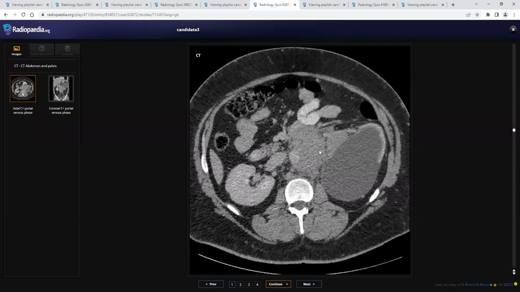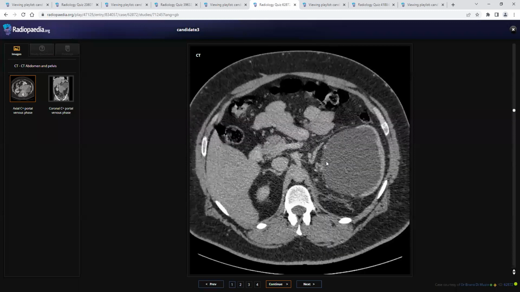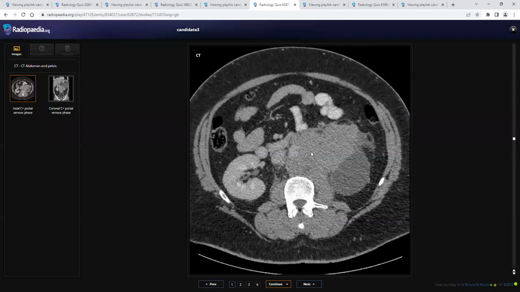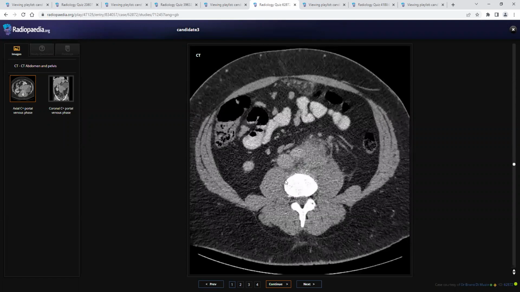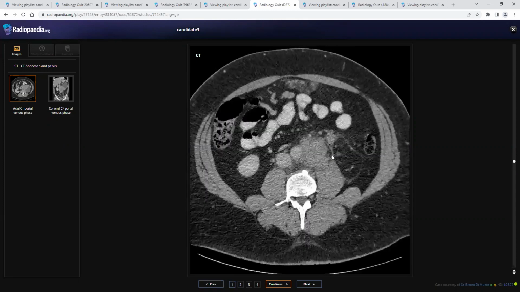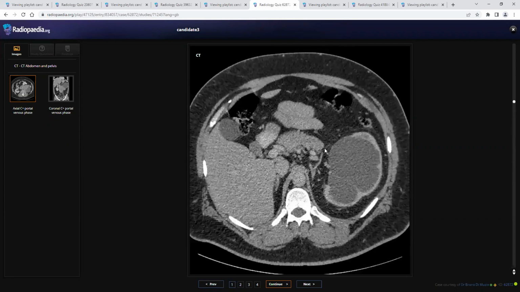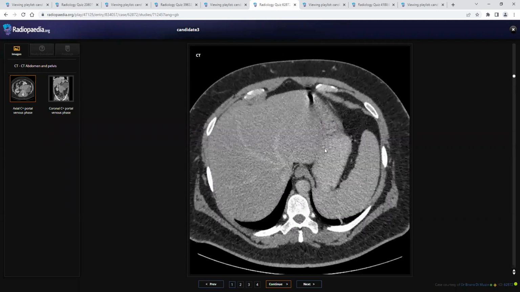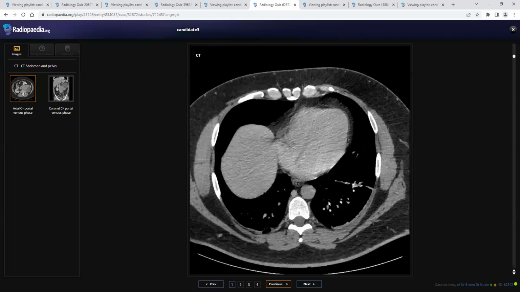It is causing obstructive nephropathy and hydronephrosis on the left side. For this mass, my differentials would be lymphoma, or retroperitoneal fibrosis. I would like to inform the clinician about the findings. I would also like to see the lung.